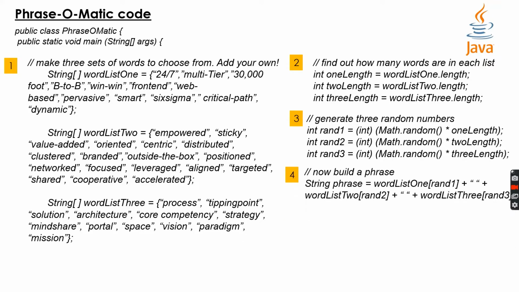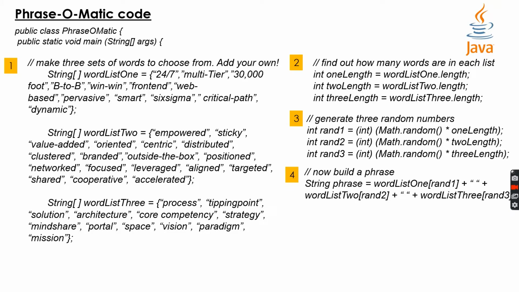Number 4, now we get to build the phrases by picking a word from each of the three lists and putting them together, also inserting a space between the words. We are using the plus operator, which concatenates the string objects together. To get an element from an array, you give the array the index number, or the position, of the thing you want to use.